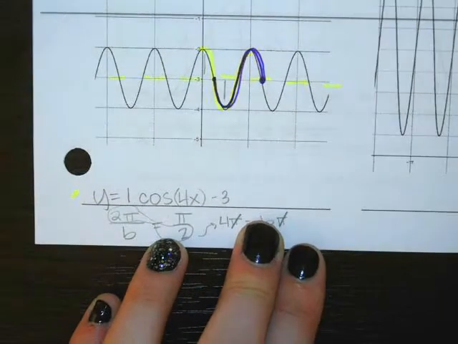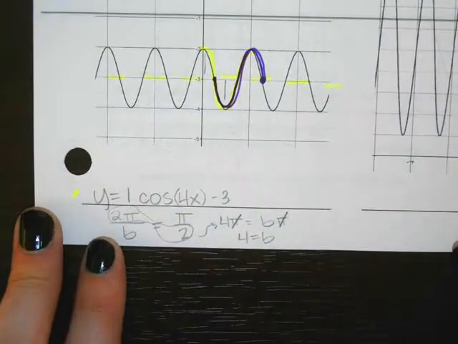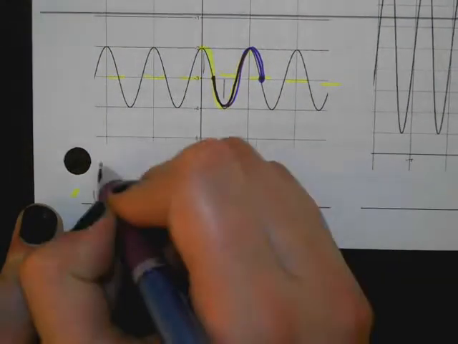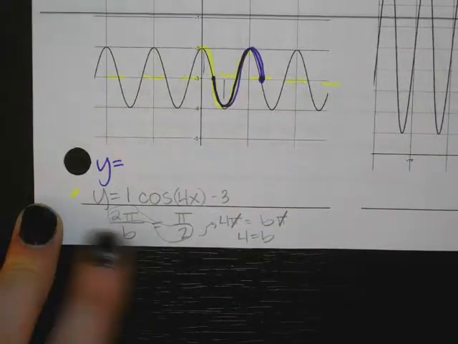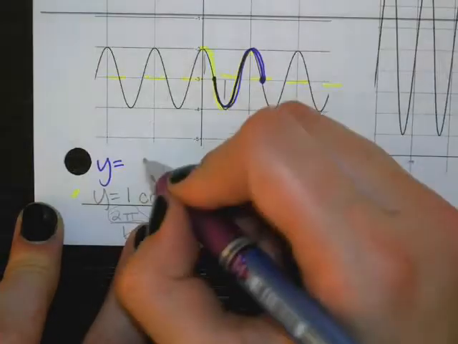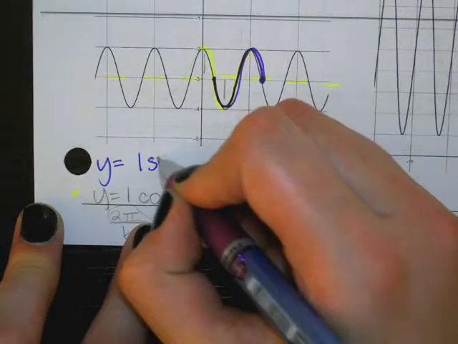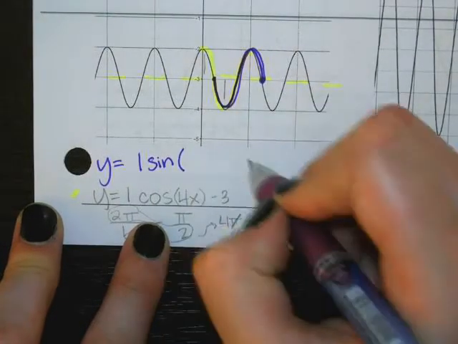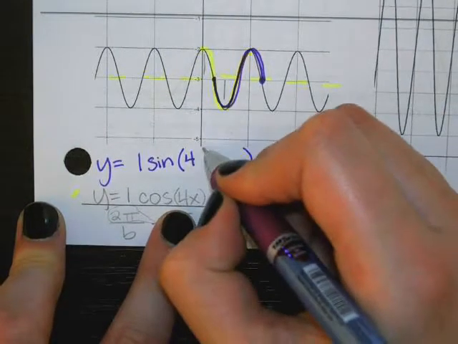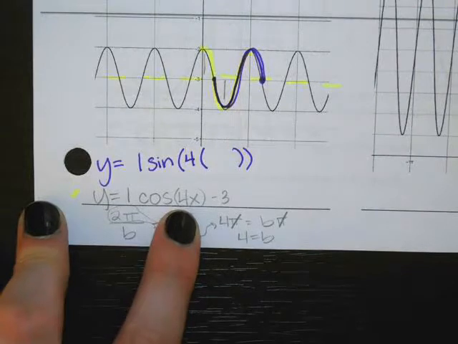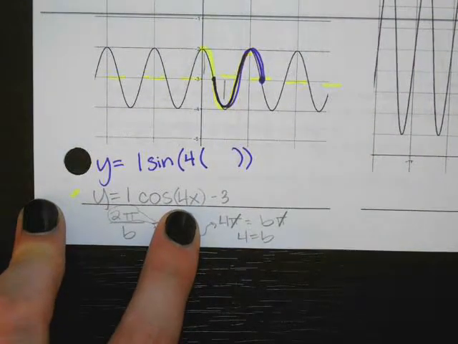So there's our sine curve right there. So I'm going to say y equals, and I know the amplitude stays the same. It's still an amplitude of 1 sine. I know that the number in front of x stays the same, so that's 4. I'm putting the parentheses so I can shift it to the left or right.